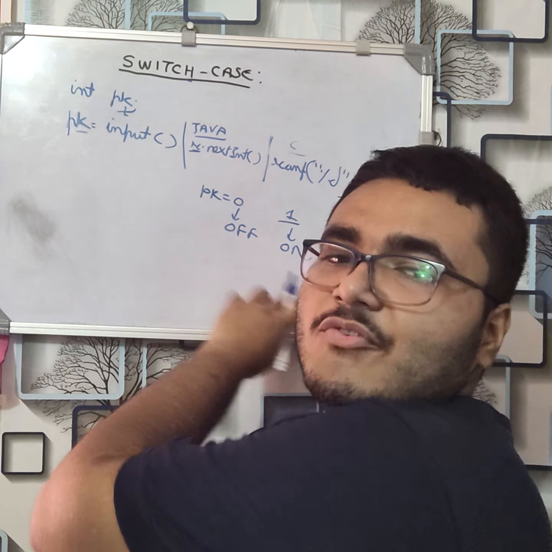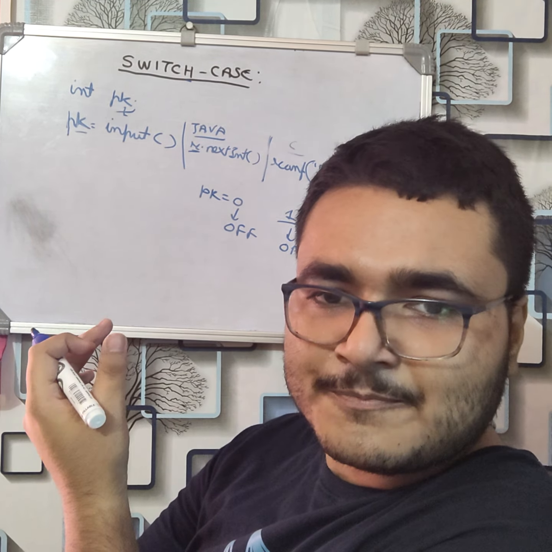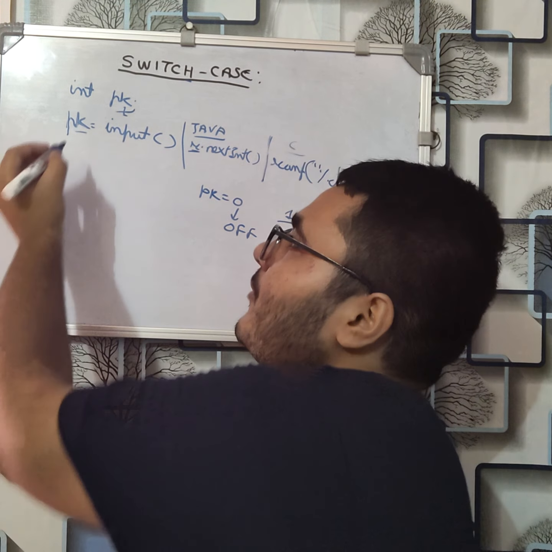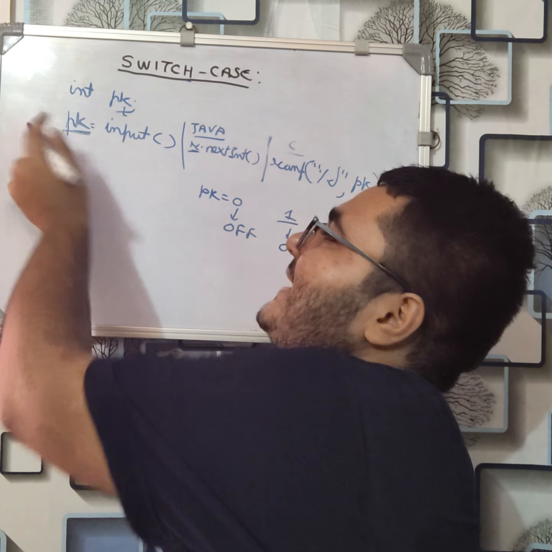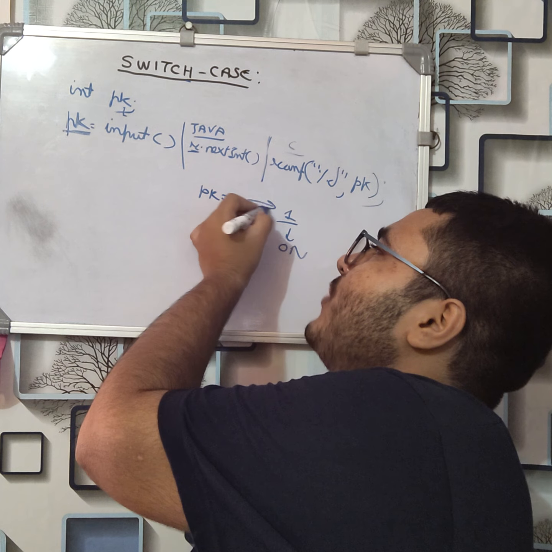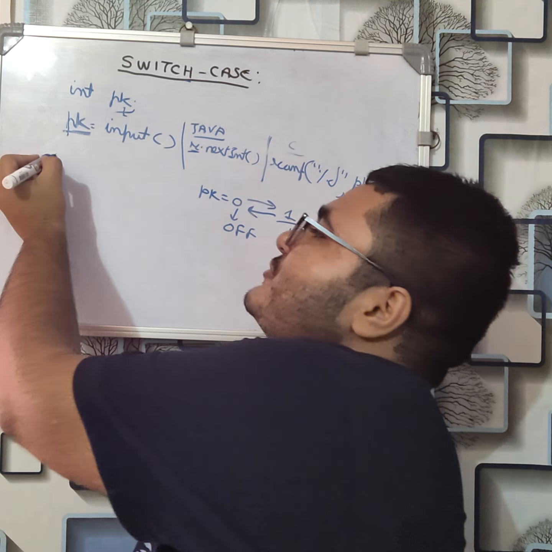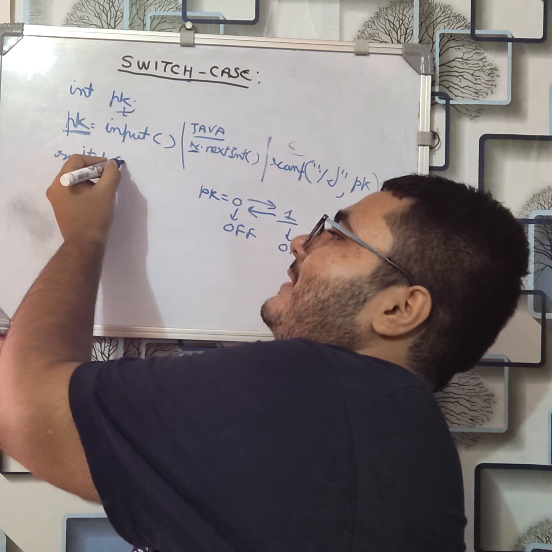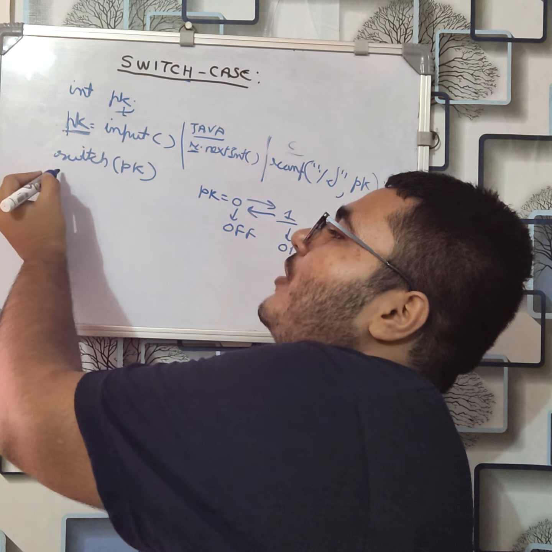So 0 for off, 1 for on. Where am I making the change? pk is changing from 0 to 1 and again from 1 to 0. So in switch, I am switching pk; I am altering pk.